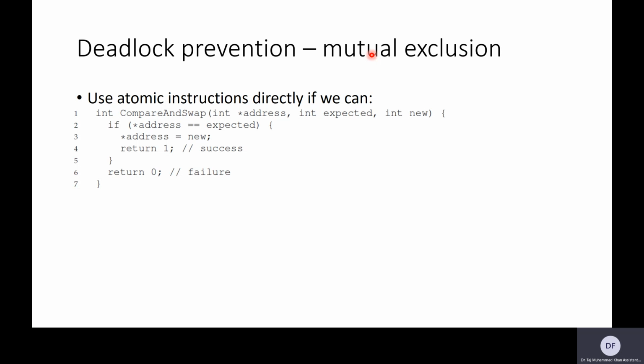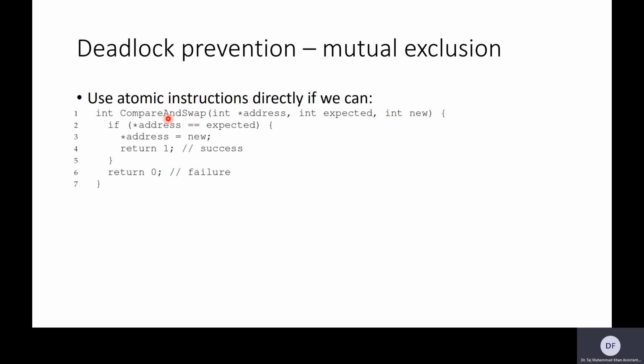In some cases, it is possible to have exclusive access to a shared resource without using locks. How do we do this? This can be done using atomic instructions. We know there are some atomic instructions available to us in the processor ISA, the instruction set architecture, in assembly language.